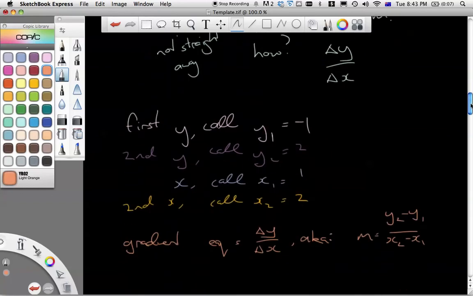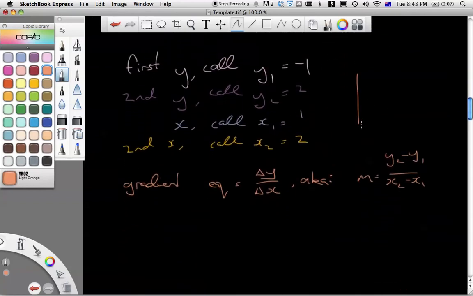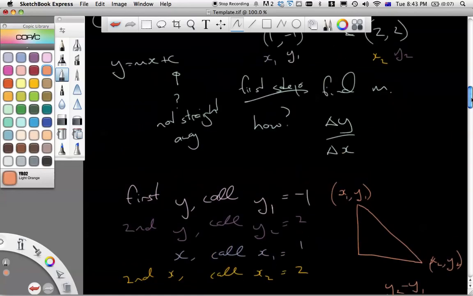So we start off at x1, y1, end up at x2, y2. But in this case, we actually went up because we're looking at this graph.